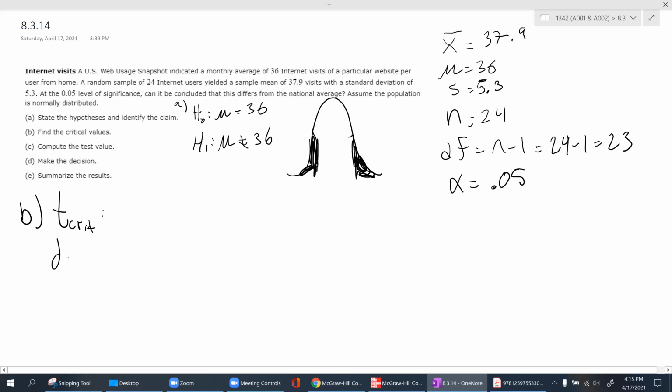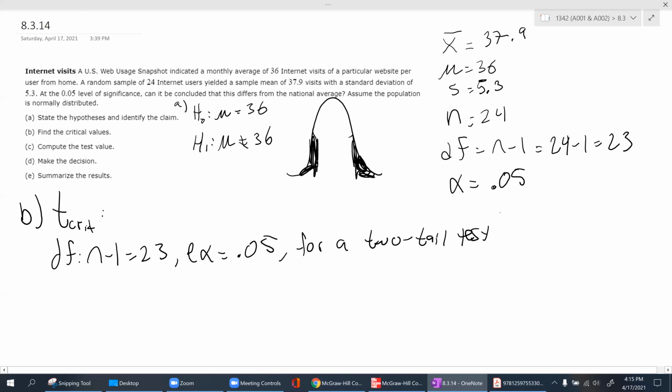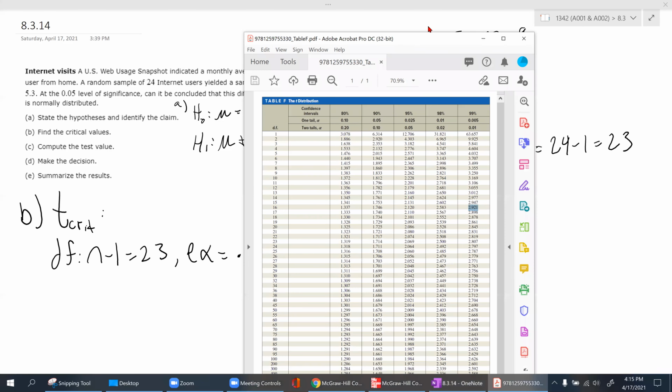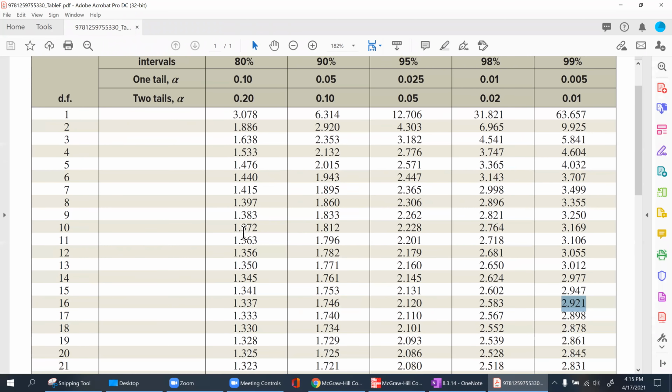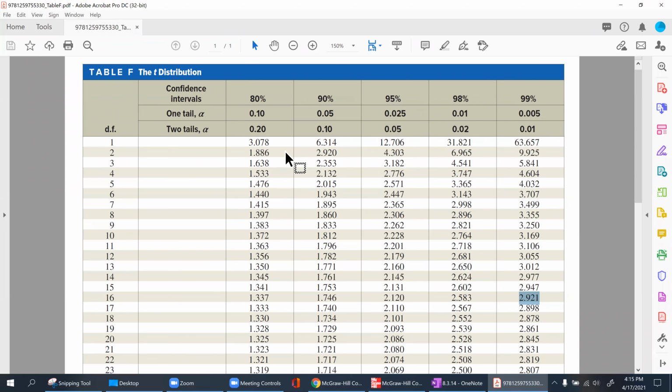We know this is degrees of freedom of n minus 1, which gave me 23, at alpha equals 0.05 for a two-tailed test. So let's go ahead and find that. 23 is going to be that last row.